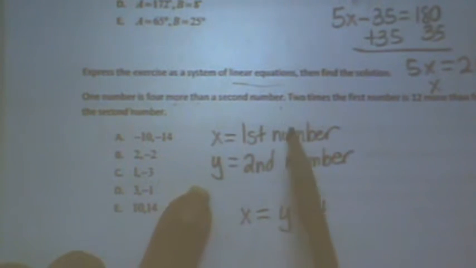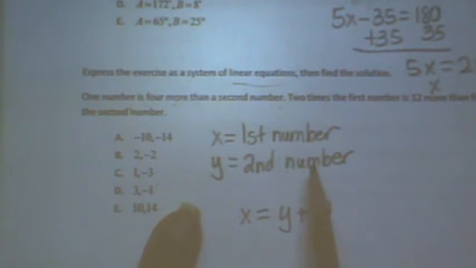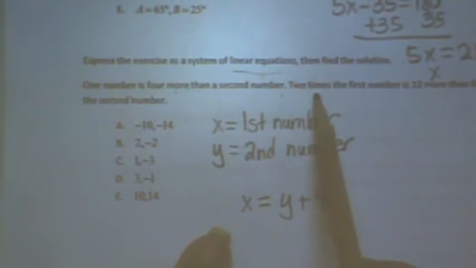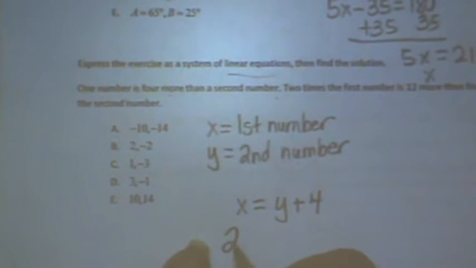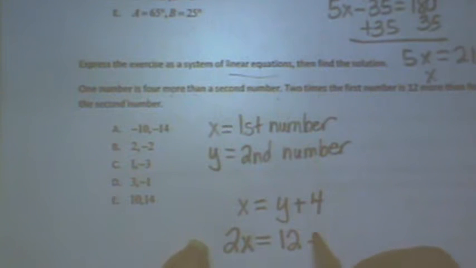Because the first number is 4 more than the second number, we have to add 4 to the second number for them to be equal. And then it says 2 times the first number is 12 more than 4 times the second number.